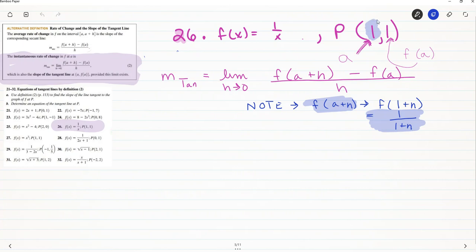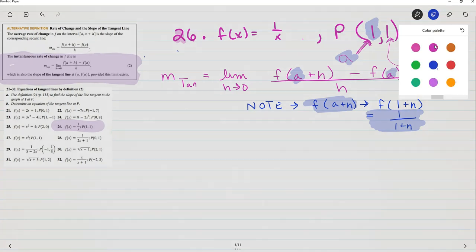When we let a equal 1, then f of a plus h, we replace this a with a 1, so we get f of 1 plus h minus f of 1.